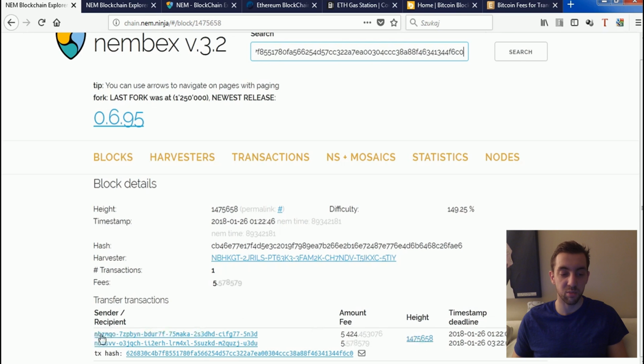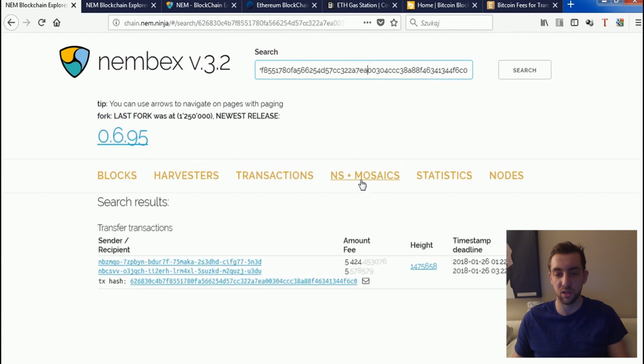We can search by the address of the sender and the address of the recipient. What I will do is search by the hash of the transaction, and it works on all of those explorers that I showed you. So on NEM, on Ethereum, on Bitcoin, it should work similarly.